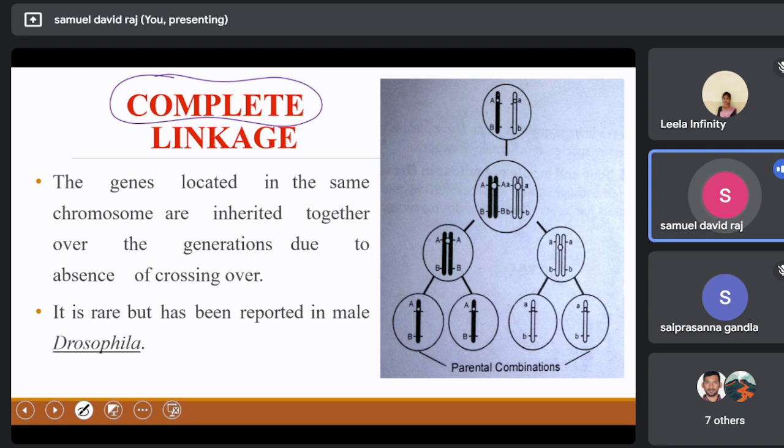So when there is complete linkage, see, this is capital A, capital B here, small b here. Even in the next generation, capital A, capital B, small b is the same combination, because there is no crossing over. They just get transmitted as it is. And such a phenomenon is called complete linkage, which is a rare phenomenon.